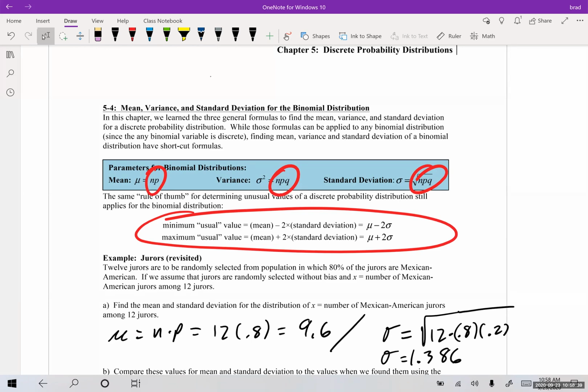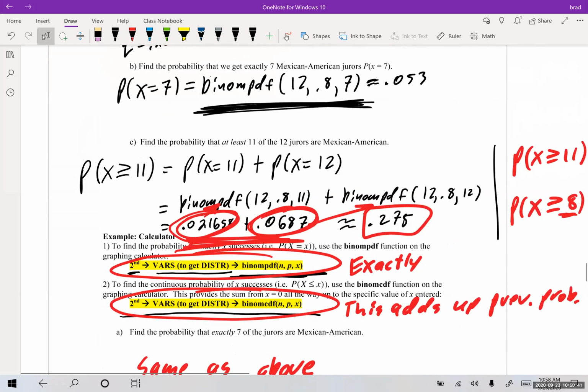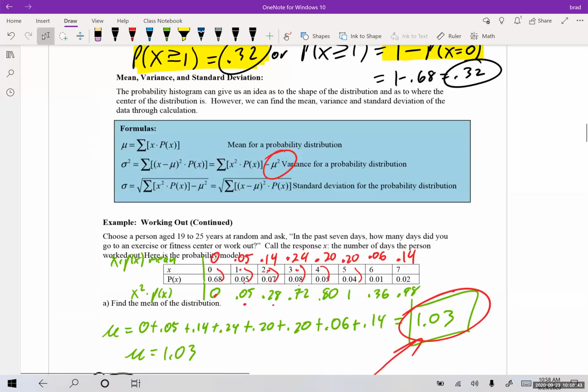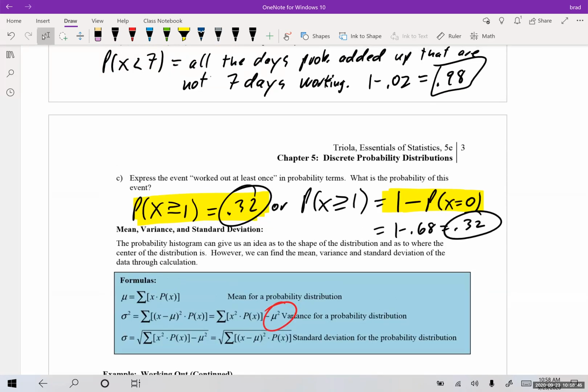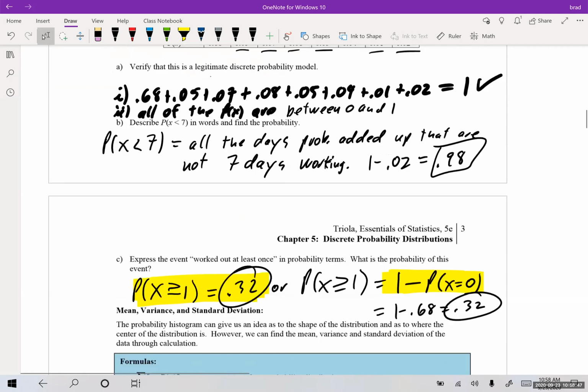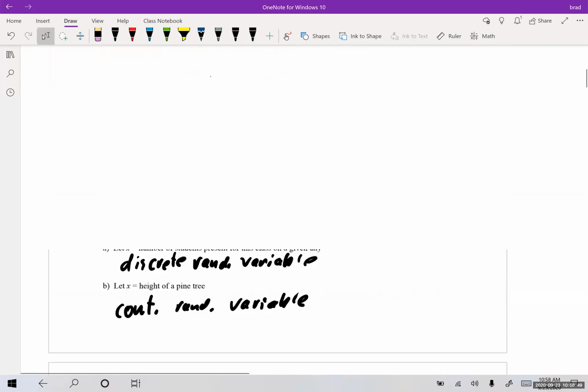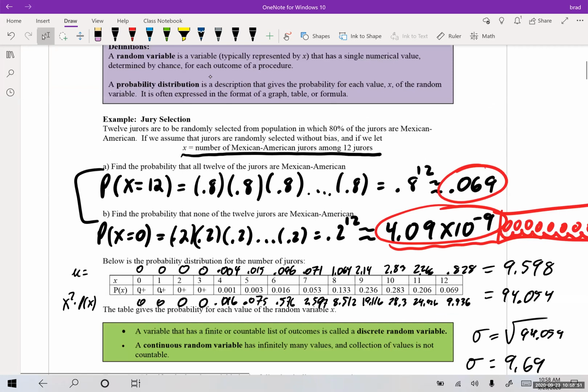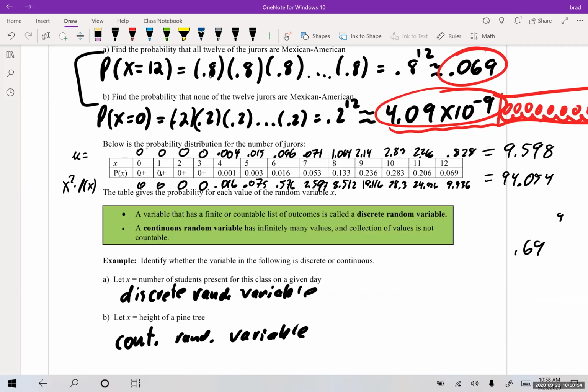Remember when we do this, I forgot to subtract off the mean squared. So we do this up here. Sorry, I had the wrong formula. So we get 94, right?